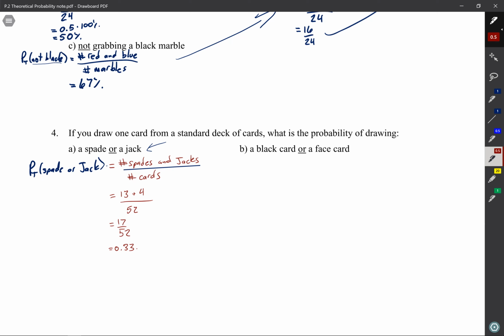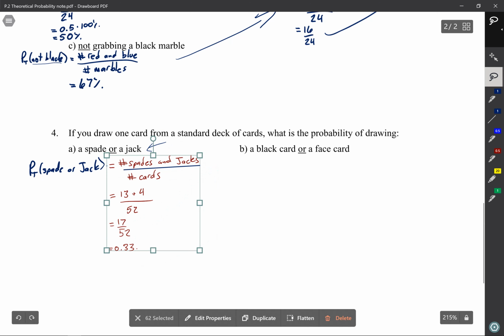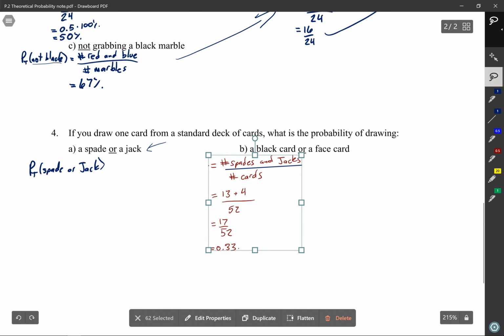I'll just move this off to the side here so we can compare what happens when we work without looking at our standard deck of cards and what happens when we work with it.